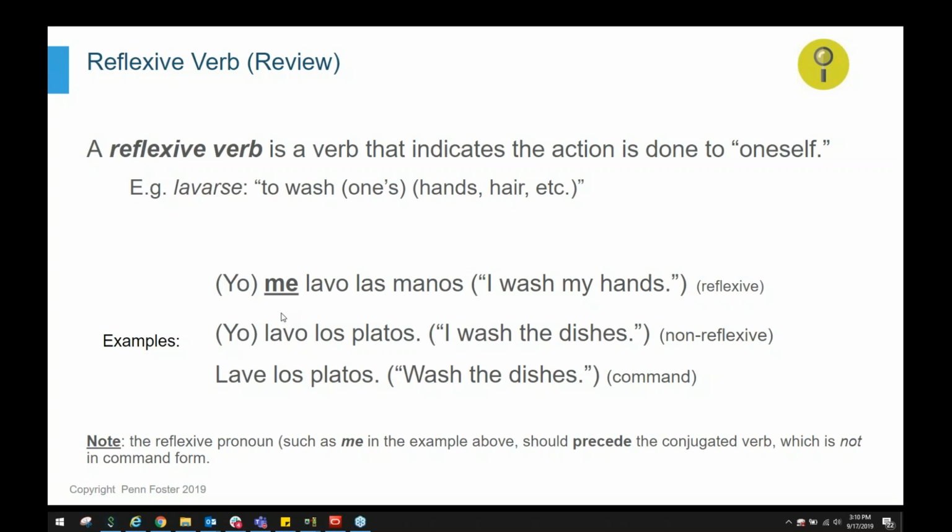So in this example, we have lave los platos, wash the dishes. As it says at the bottom, reflexive pronouns such as me in the example above should precede the conjugated verb form. And again, this is not in command form.